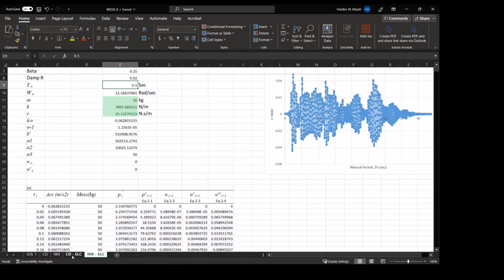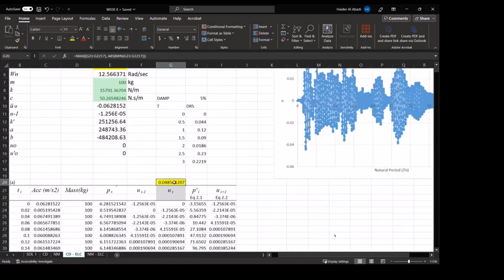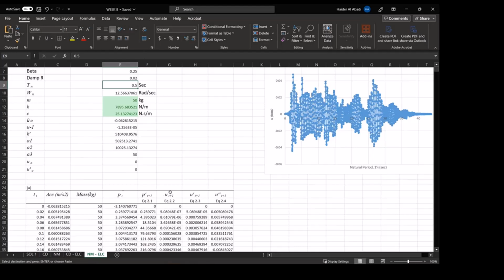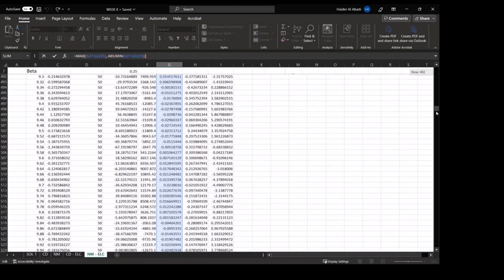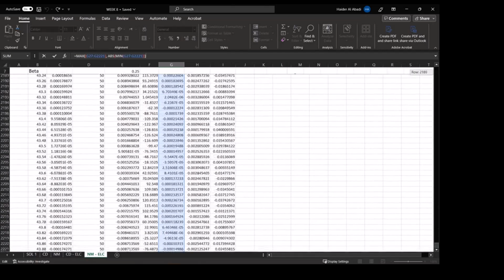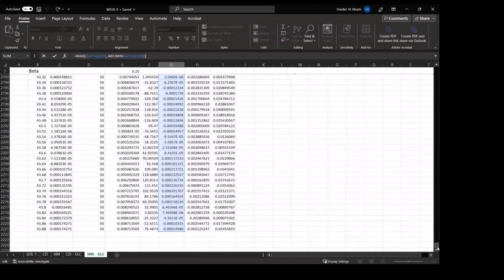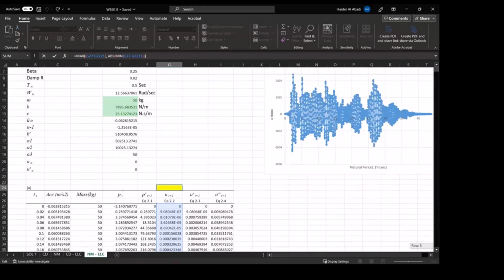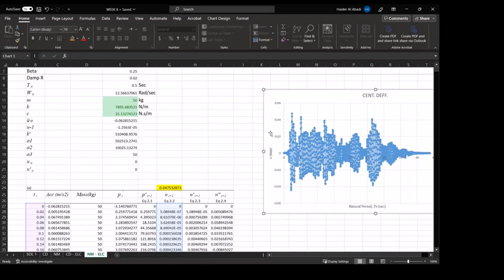This is my Newmark. And let me apply the same. I wish that from your end, you're doing the same thing, experiencing how to use these tools.